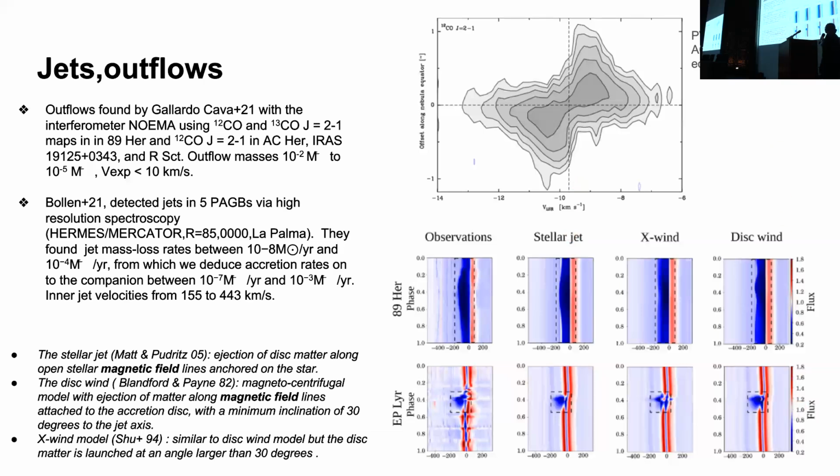The difference is basically where the magnetic field, which is powering those jets, is coming from. In the stellar jet, the magnetic field is coming from the star, and in the X-wind and disk-wind, it's coming from the accretion disk. So something interesting comes up here: we have our jets, but whatever the models, they are all linked to magnetic fields.